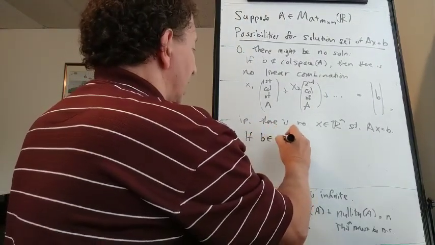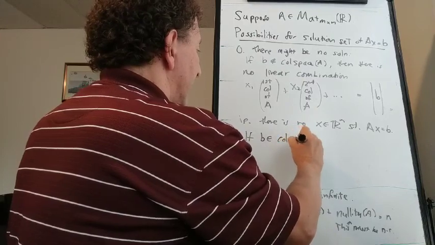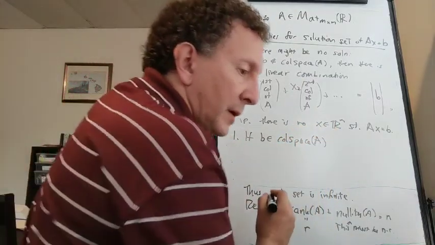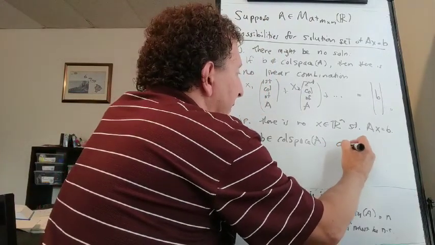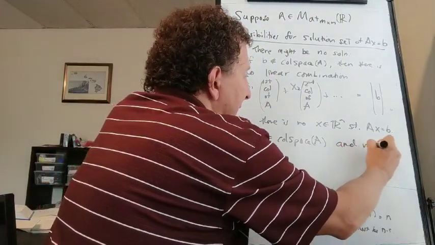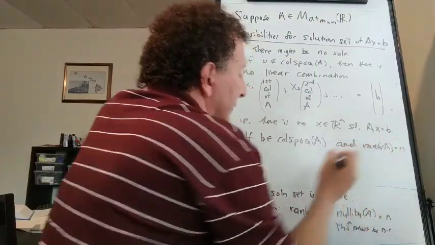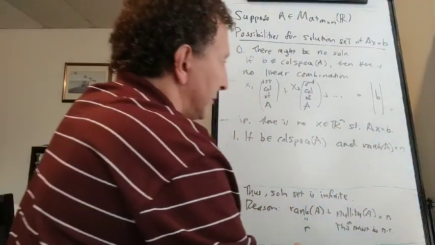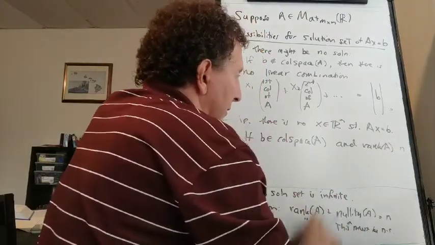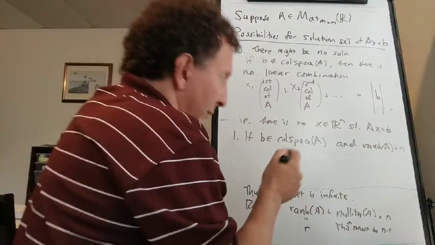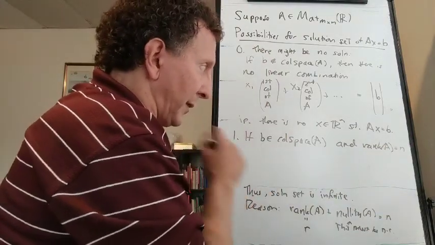If b is in the column space of A, and the rank of A equals n, so the rank is the number of columns. Well, the rank is the dimension of the space spanned by the columns.